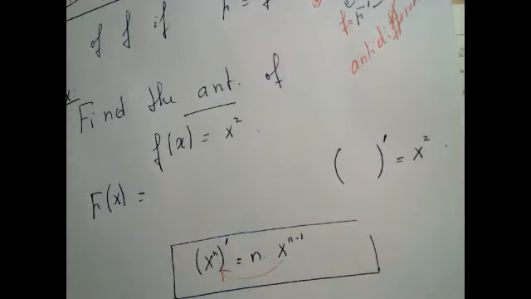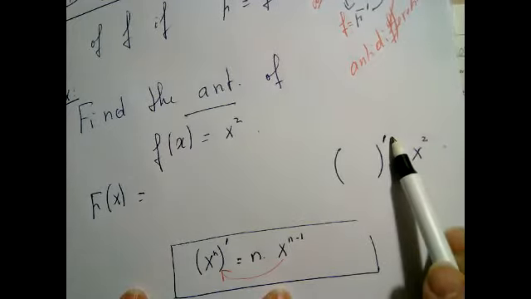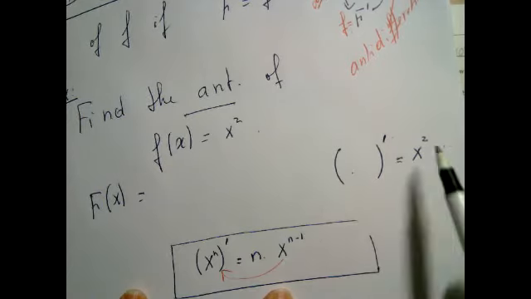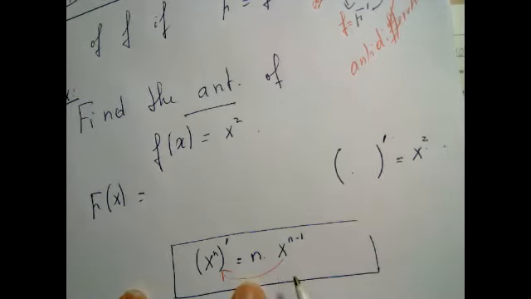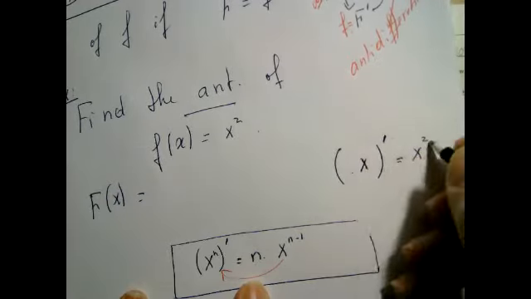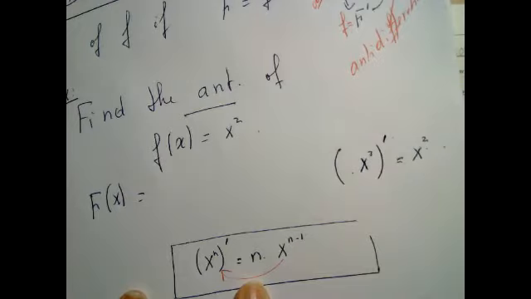So my question is, what is the function whose derivative is x squared? Derivatives take away 1 from the power, so this has to be 1 more, something like x cubed, because I'm basically reversing the rule.